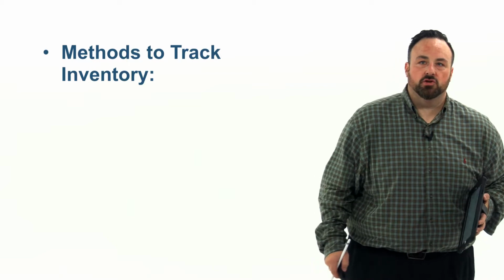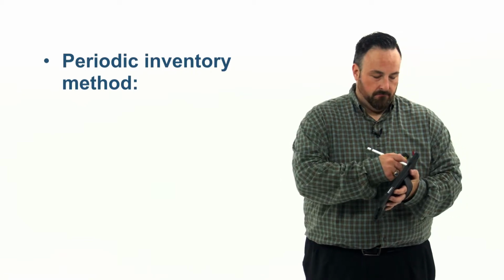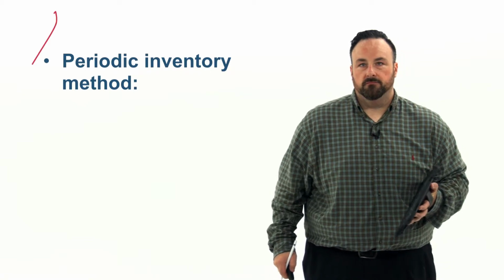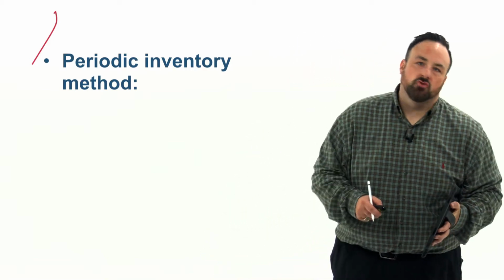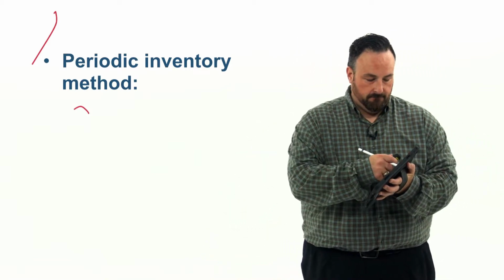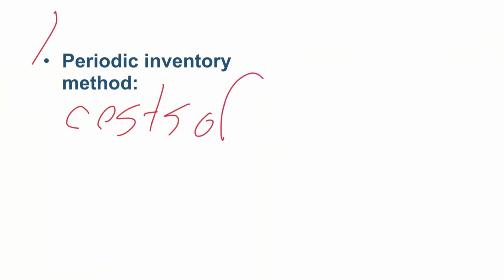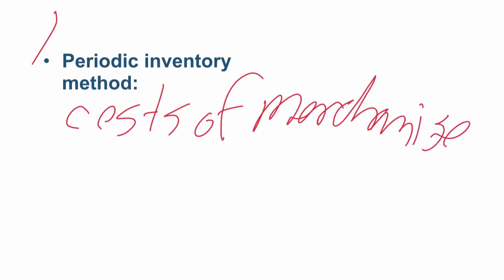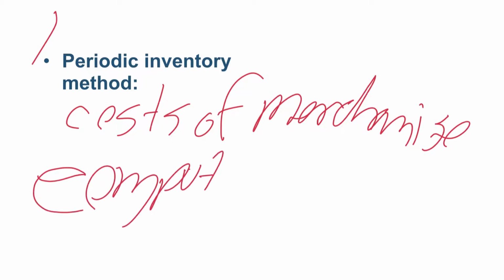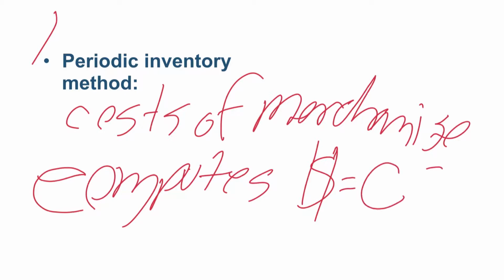Okay, now we have some methods to track inventory. First method, the periodic inventory method. What does this do? This keeps track of merchandise costs in various purchases. Then it computes the costs of goods sold on that income statement.